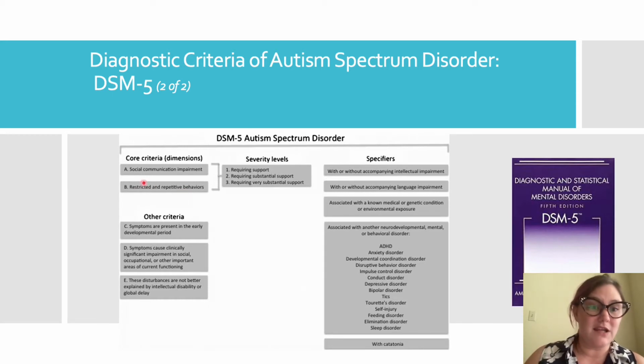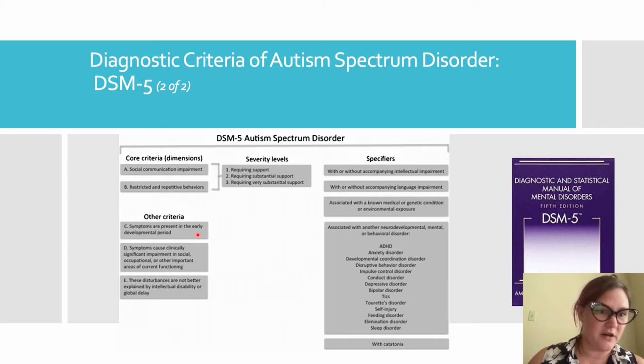It could be that someone is at level 1 with social communication impairment, but is in level 3 for requiring very substantial support for restricted and repetitive behaviors. So that presentation of autism sometimes gets misdiagnosed as OCD whenever those social communication impairments are missed.